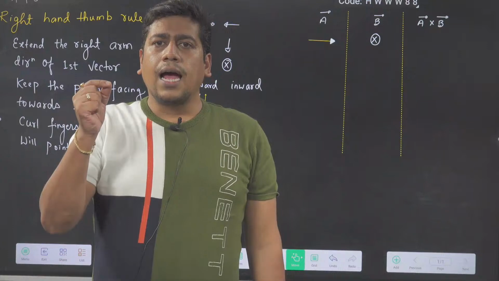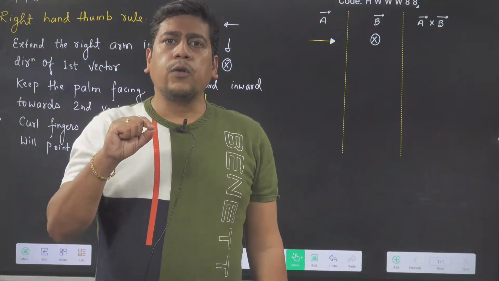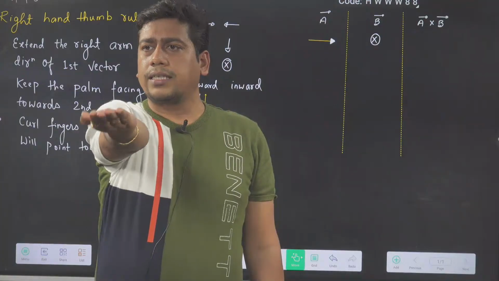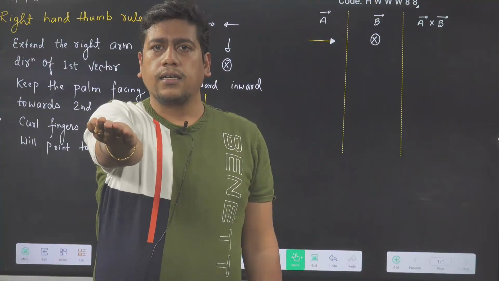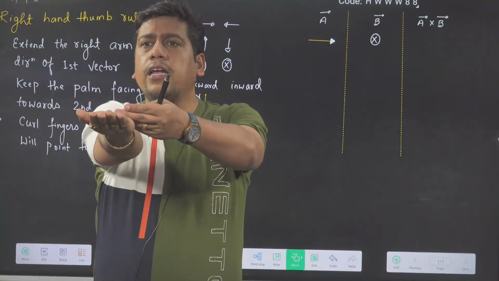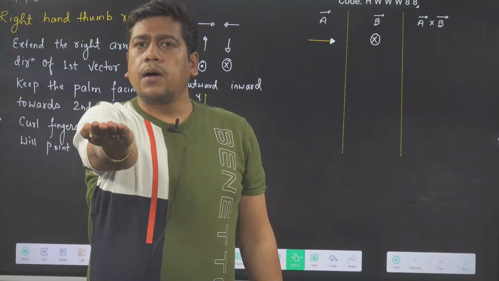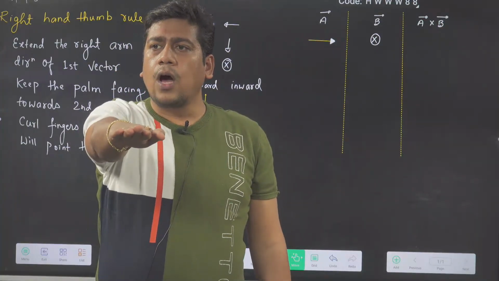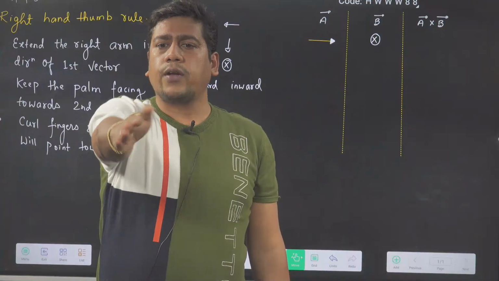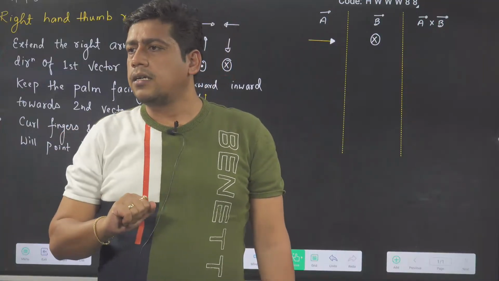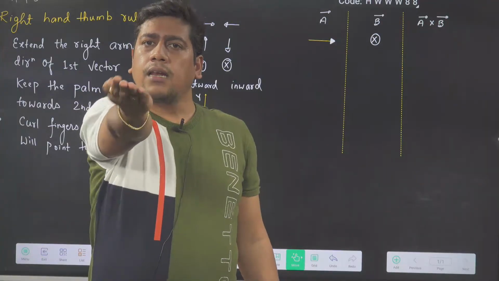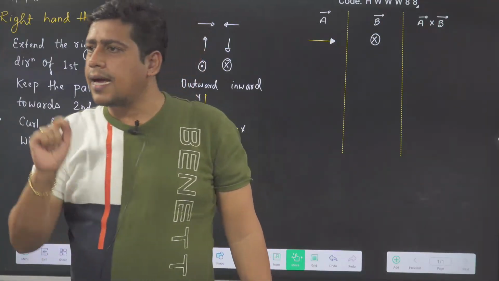You can rotate your hand 360 degrees. Hand is in front, but palm is facing up, down, left, right.